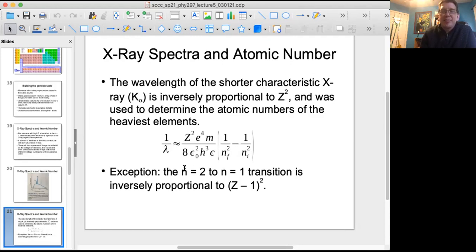And so you have the n equals 2 to n equals 1 transition. Instead of being proportional to Z squared, it's proportional to Z minus 1 squared. This relationship was found out through experimentation. But what it did was it made it possible to determine the atomic numbers of the different elements, especially the heavier elements.